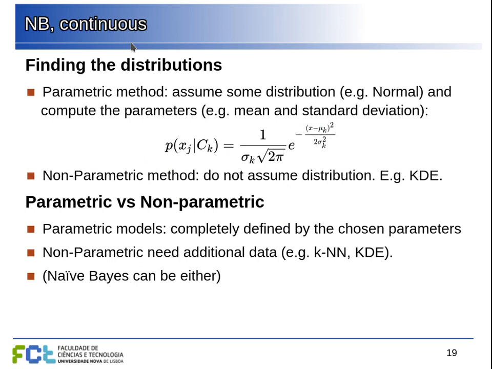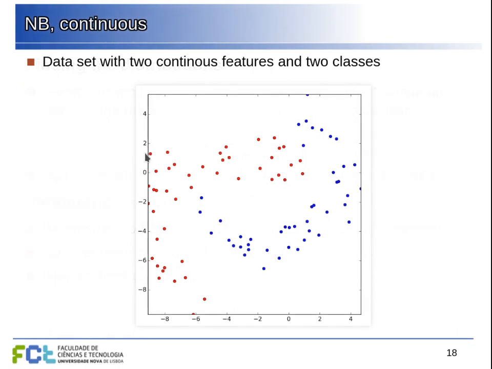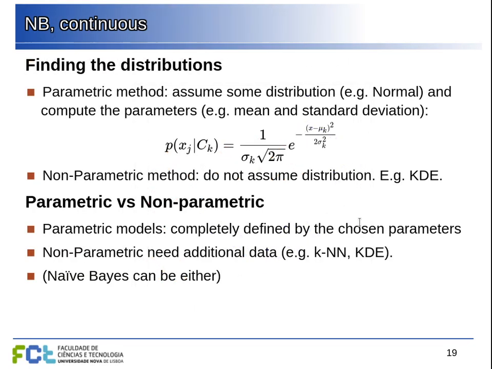Now, one way to find distributions with continuous values, such as this example, would be to use a parametric method. That is, we have a distribution with some parameters, for example, a normal distribution, and now we compute the parameters. In this case, for a normal distribution, we need the mean and standard deviation. So if we computed the mean and standard deviation of each of these coordinates on each of these classes, we would have the parameters for the naive Bayes classifier.